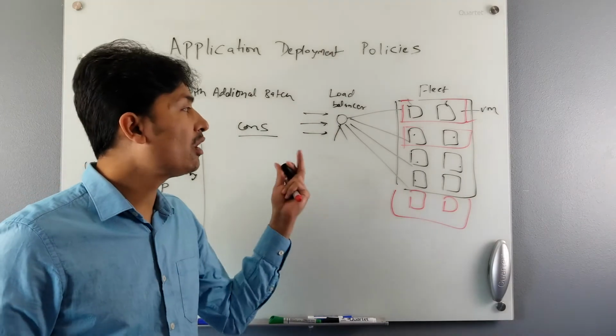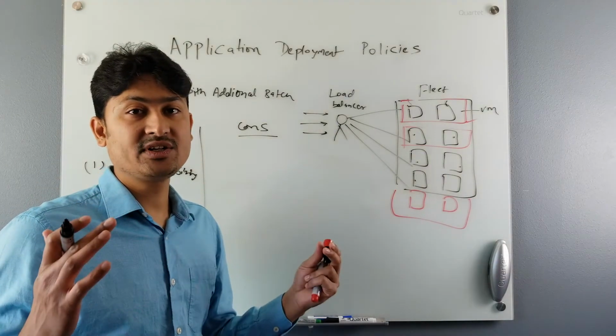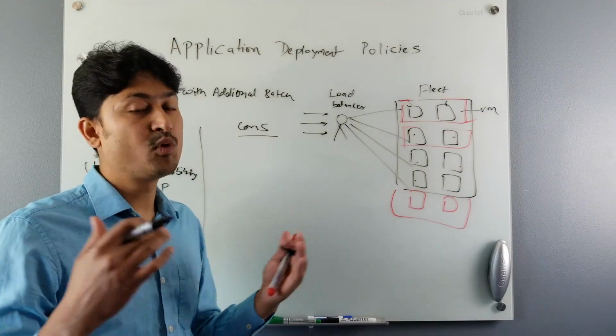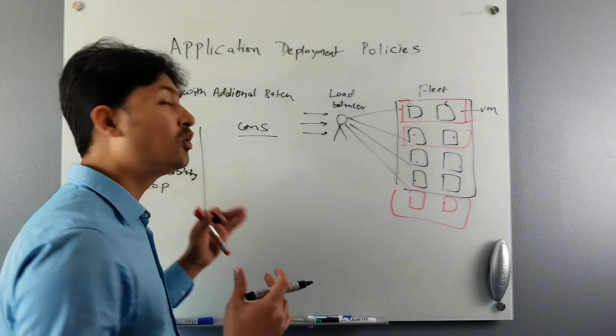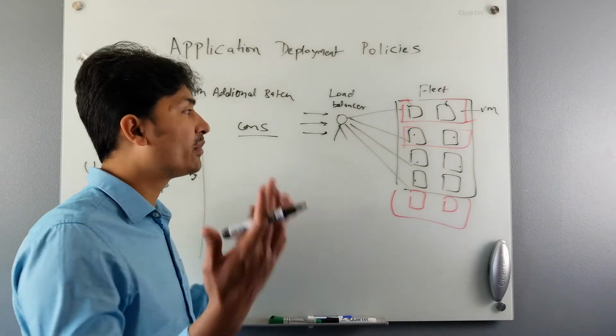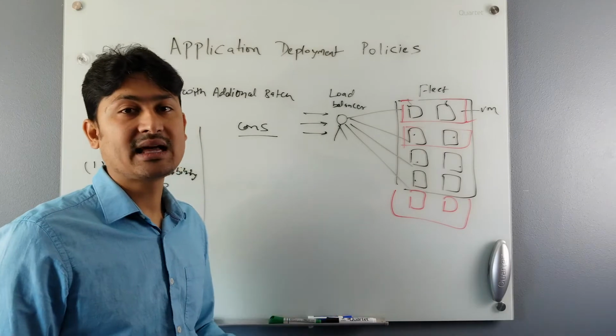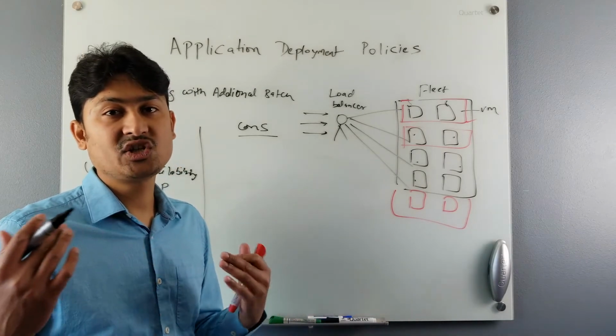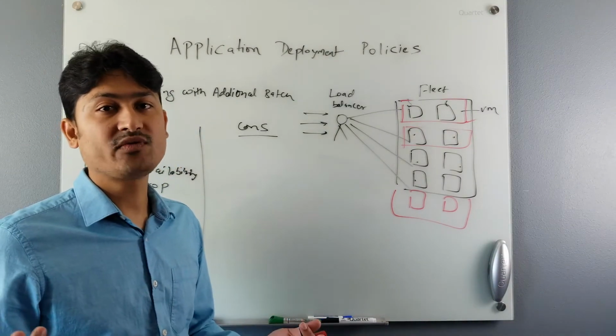Because you always have a fleet capacity of size 8 or more, you don't expect a lot of burden on the running servers, and that's how you don't expect any change in the success rate or response time of your application.